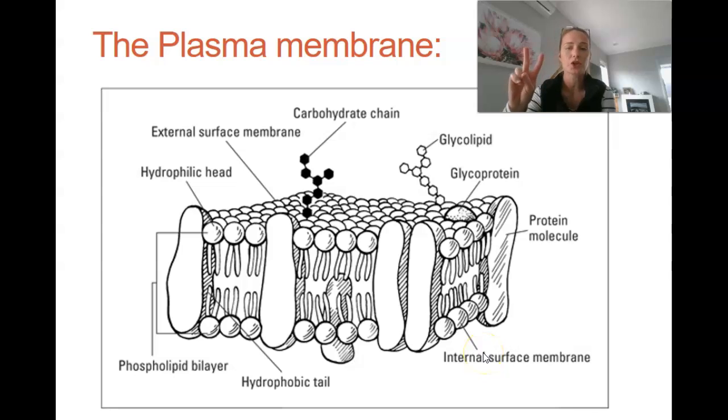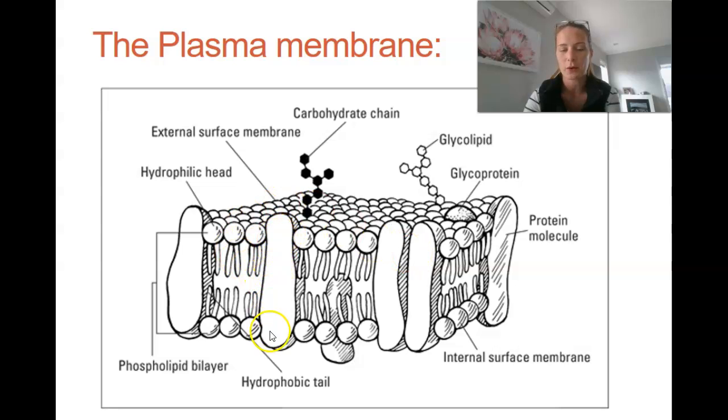Two kinds of questions you could be asked about membrane structure. You might be asked something about the fluid mosaic model, about a particular component. So you do need to know the role of these things, what kind of job they have in the membrane structure. And the other type of question is about specifically the formation of the phospholipid bilayer. So that's not taking into account all of the elements of the fluid mosaic model.